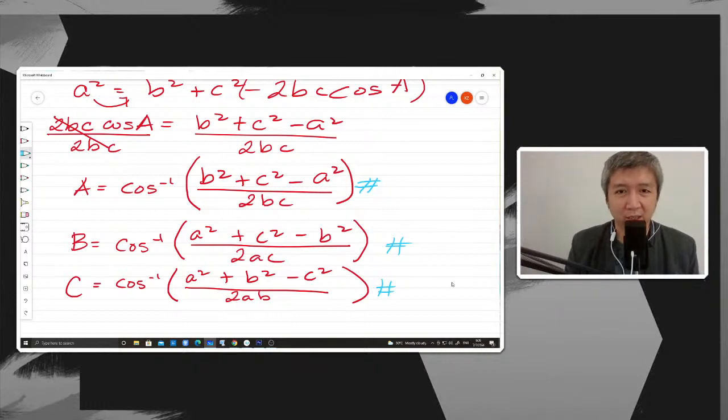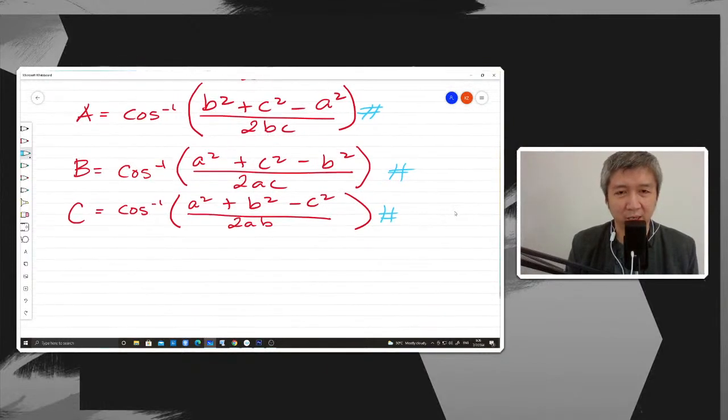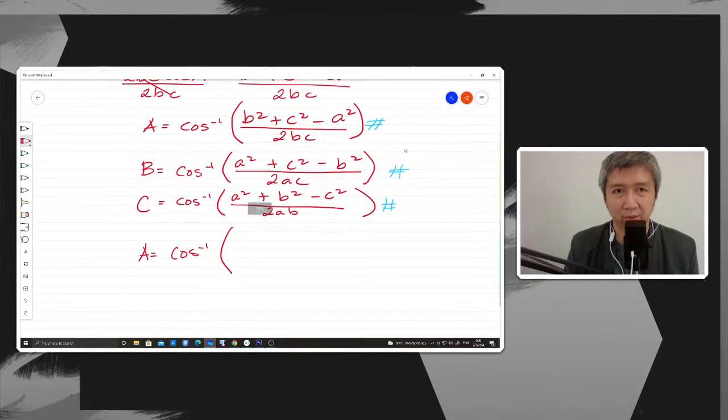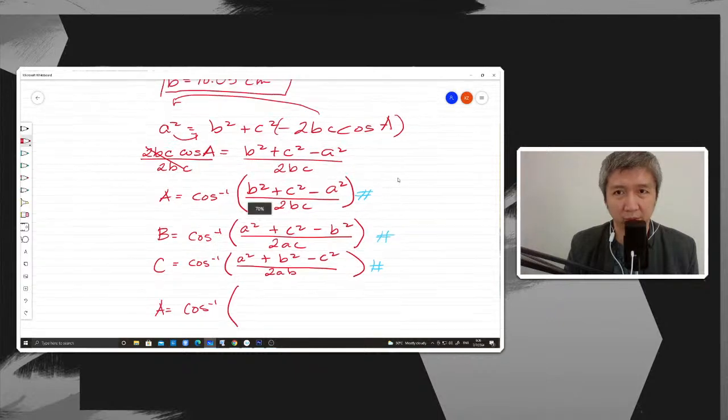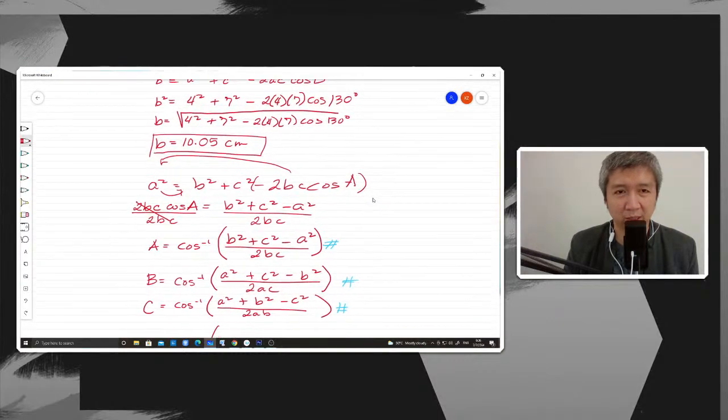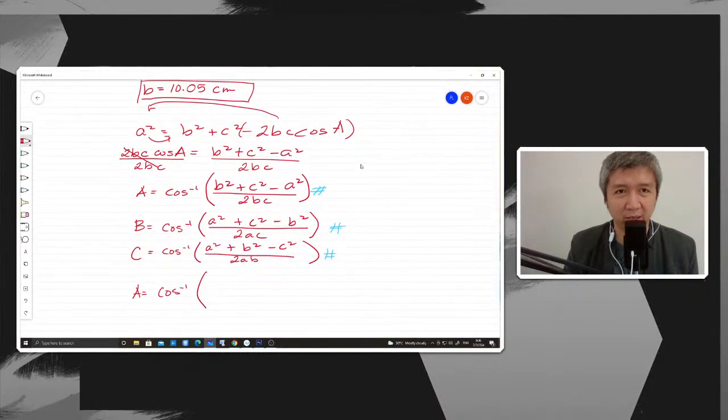Okay, so I just wrote the formulas. Let us now get the measure of angle A. Side b is what? 10.05 centimeters.